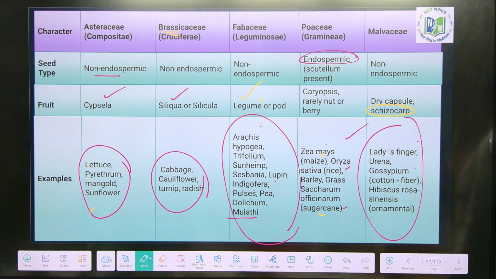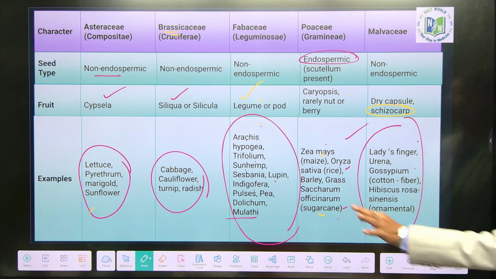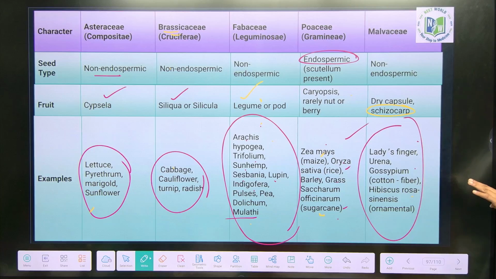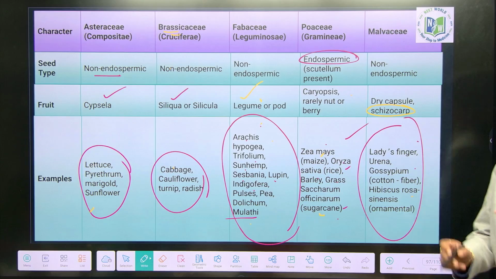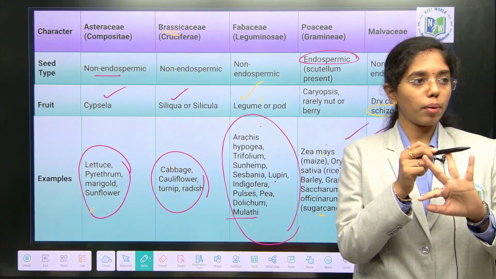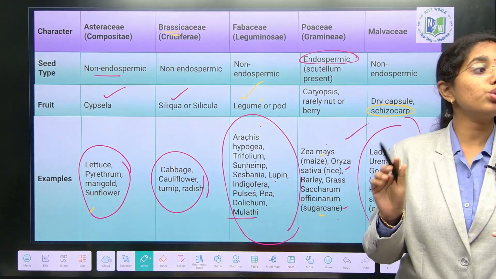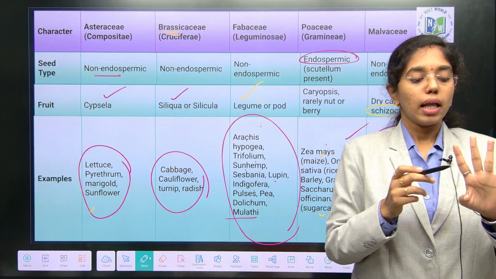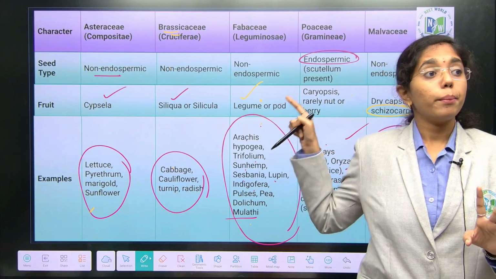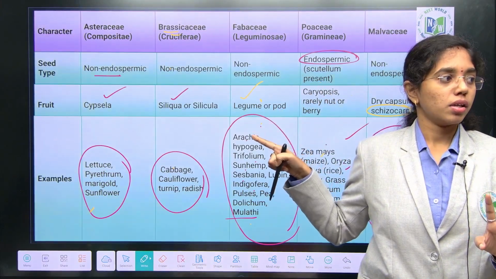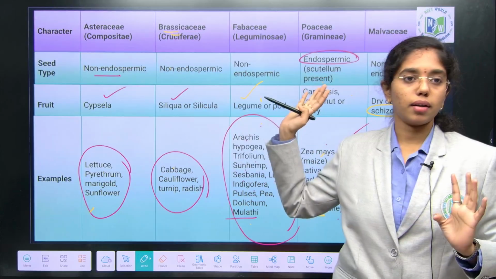You will face some difficulty in remembering just Fabaceae and Malvaceae members. Look at it 2 to 3 times, it will be fixed in your mind. Okay? So, you are clear now what you have to remember? Floral diagram, floral formula, examples here to choose out amongst 4. Lastly is what? Modified vegetative characters, seed type, fruit type, that's all.